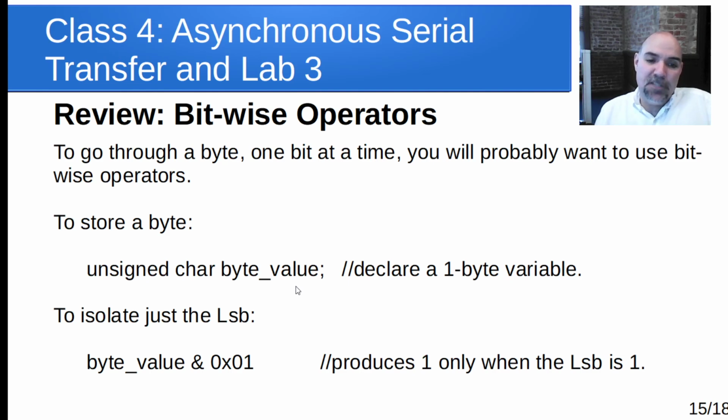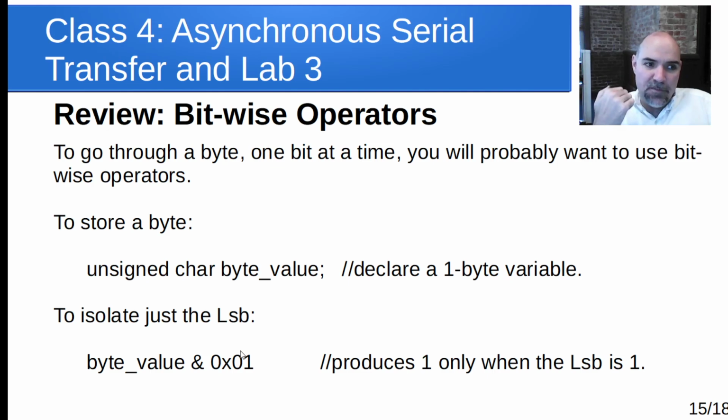Now, to isolate just the least significant bit, meaning if I have 8 bits and I want to get rid of them all, but leave the least significant one, the one in bit position 0, the ones place, then I can use this, bitwise AND it with 0x01. Because if you remember what AND does, it gives an output of 1 if both of them are 1.